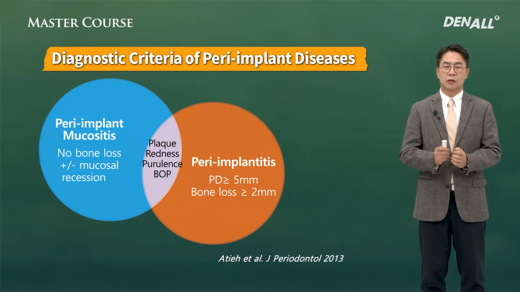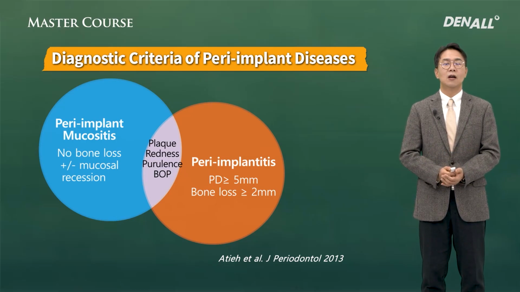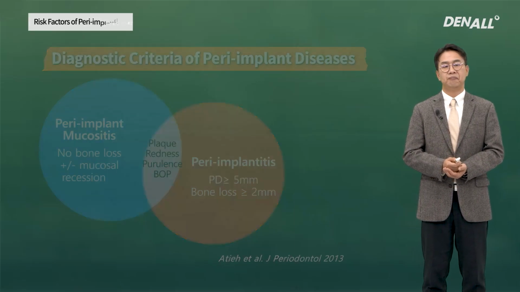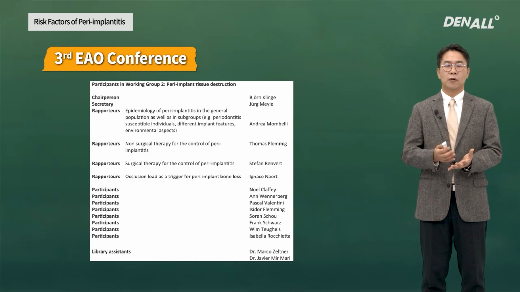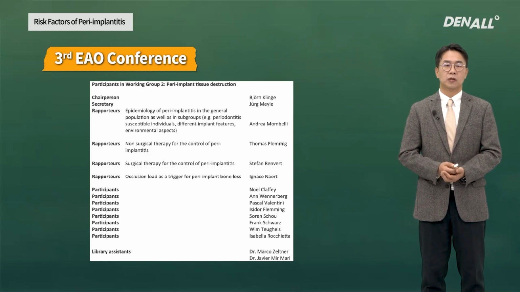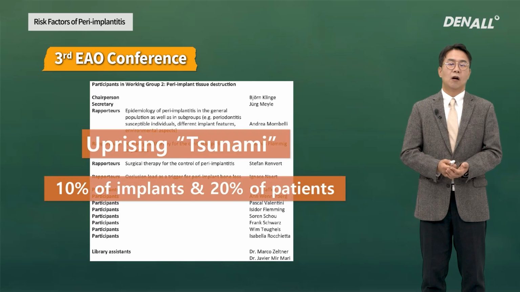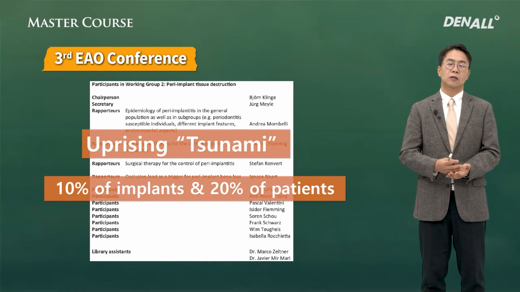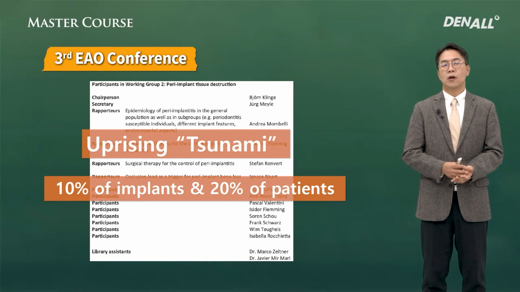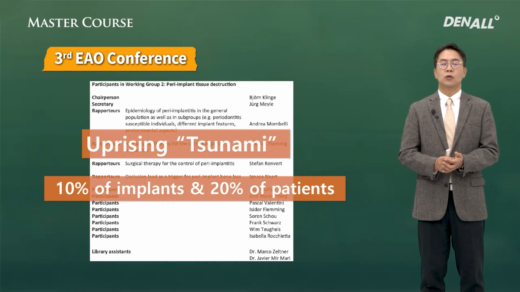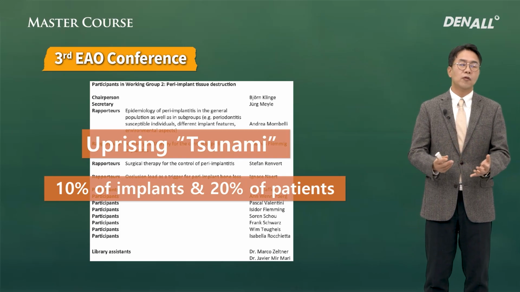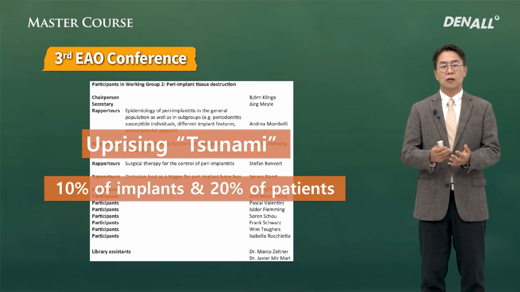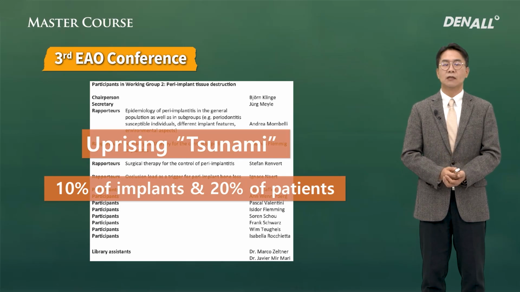Then, what is the prevalence of peri-implant diseases? According to the third EAO conference, many people came up with a definition. They said it would be an uprising tsunami of the problem. 10% of the implants placed and 20% of patients with implant placement would show peri-implant diseases.